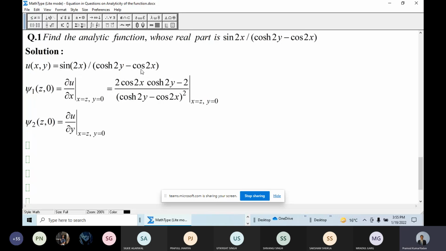So cos, it means minus sine 2x, cancel out. And 2 square x, so 2 cos square. So minus 2 will be there. Okay. You may check please. And then this value is coming.